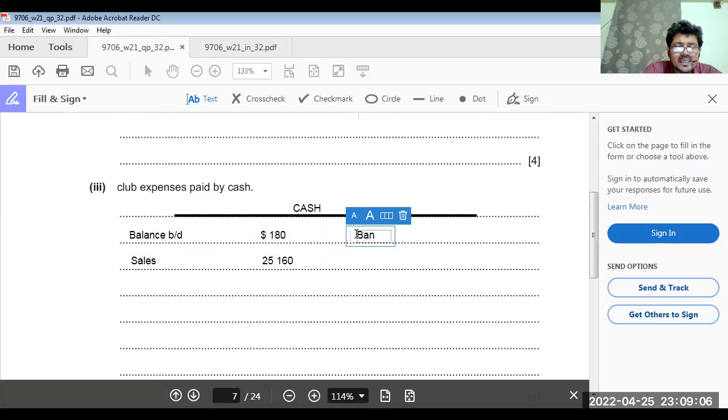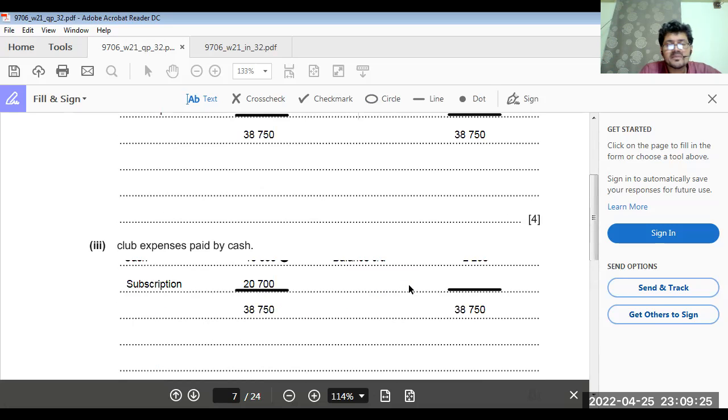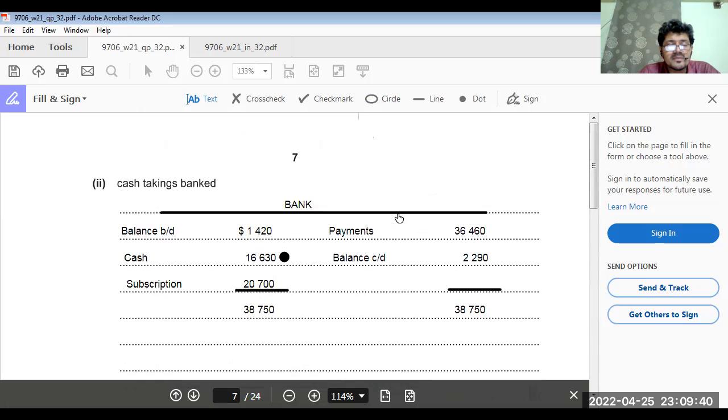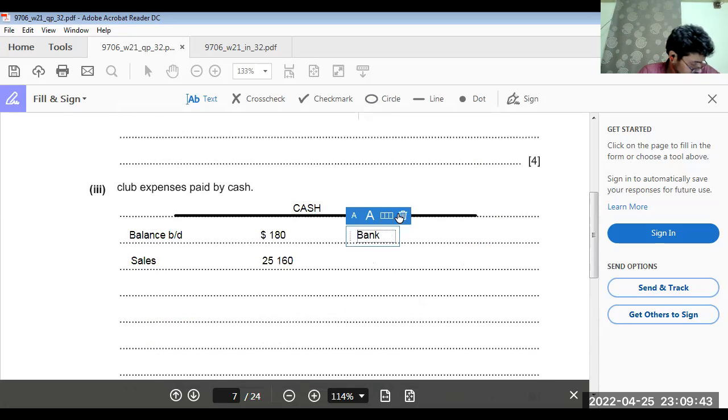Cash deposit into bank. Cash deposit into bank was how much? 16,630.